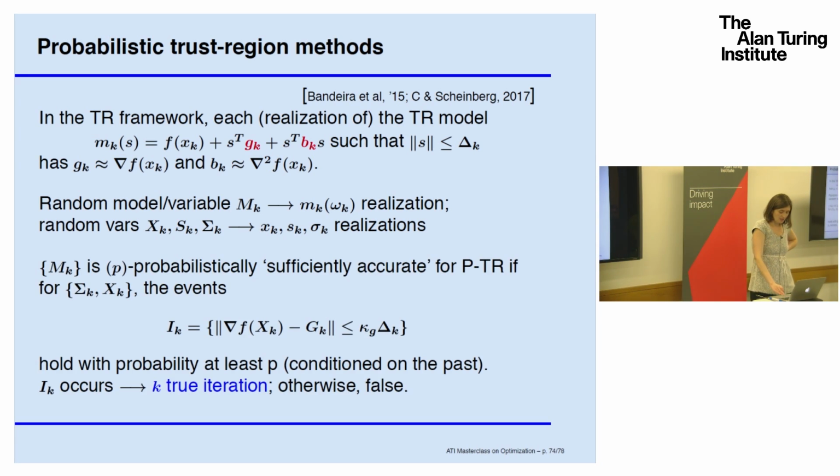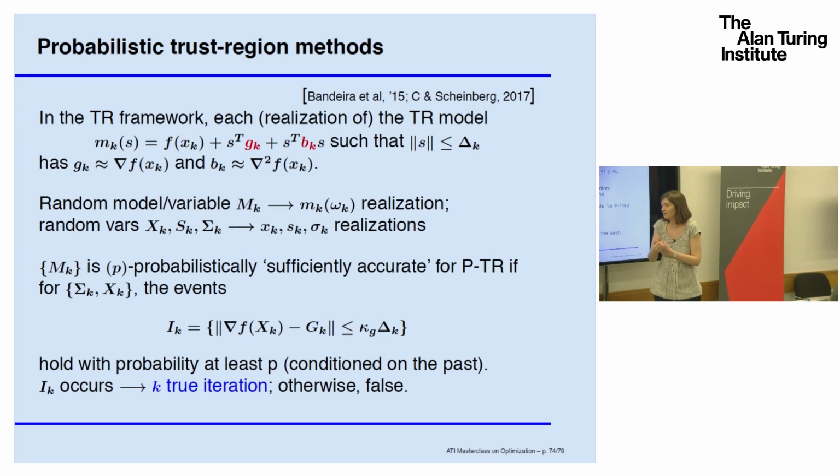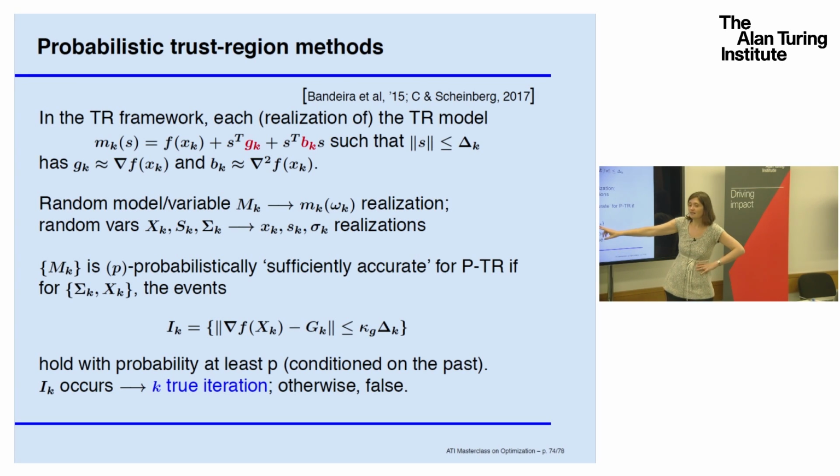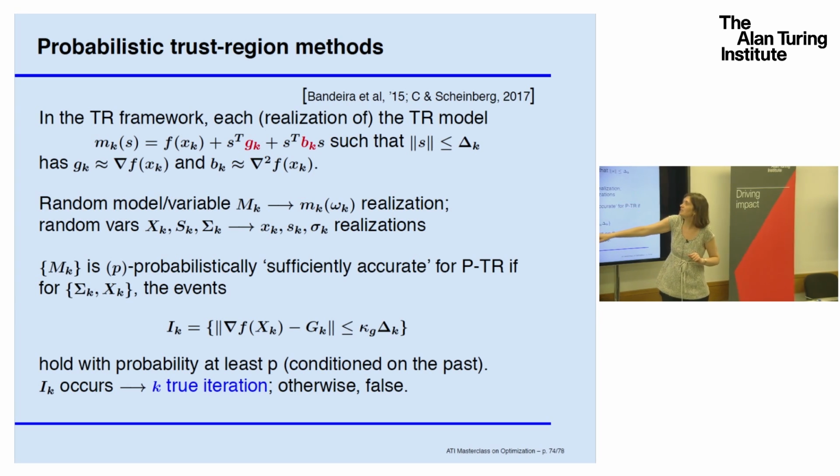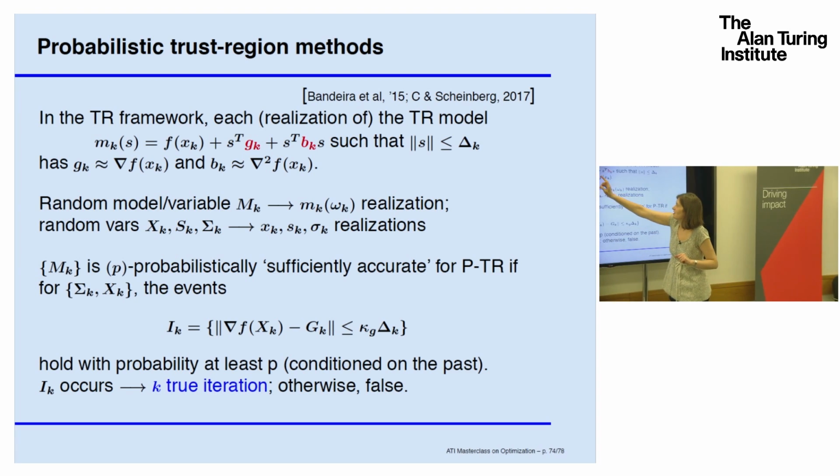What I'm saying exactly gets a bit technical, but the idea is my model is accurate only with a certain probability per iteration. So I have some condition on this G. I write it with big G because it's a random variable. It's close to the true gradient up to a multiple of delta, where I'm doing the sampling.